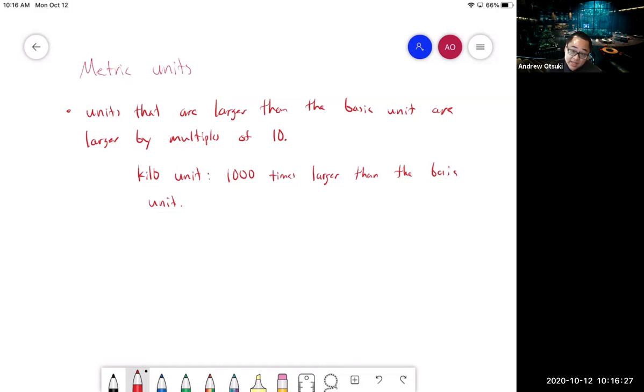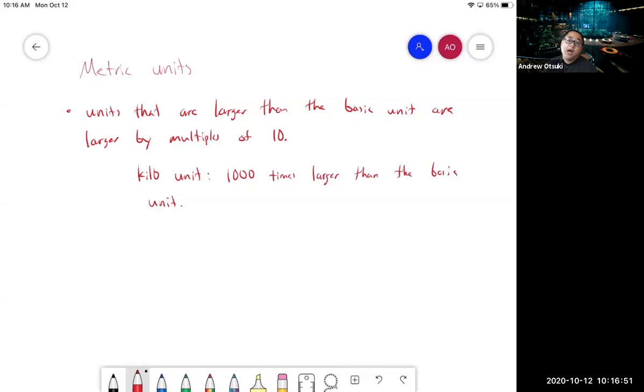They say milliseconds or microseconds, but I never heard anyone say kiloseconds. And there are other ones, but usually time, volume, and length are the most common ones. Right. So that is kilo.